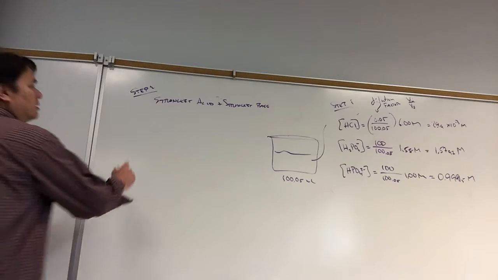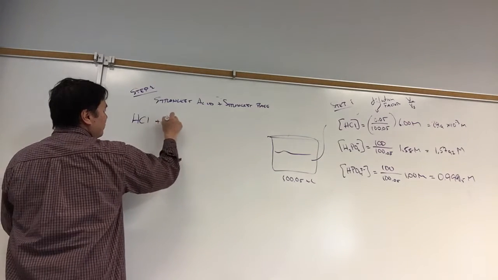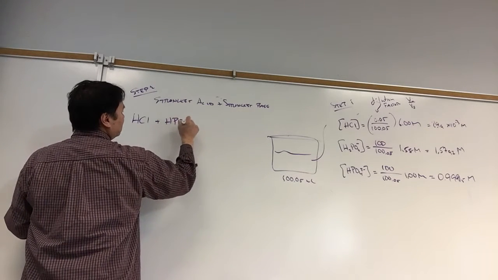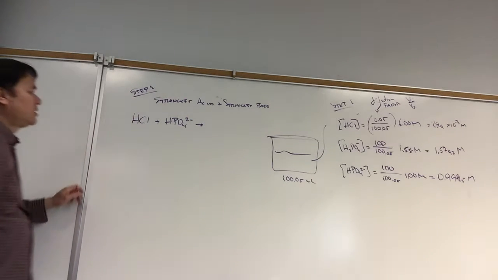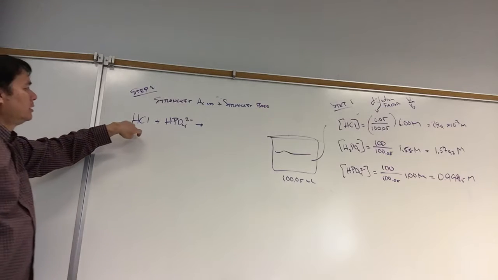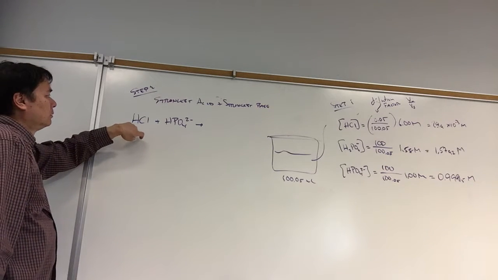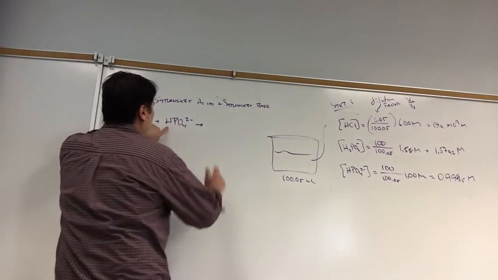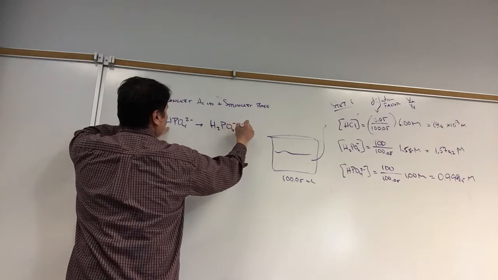HCl. And the strongest base? Monohydrogen phosphate. Okay, HCl plus monohydrogen phosphate is going to give us dihydrogen phosphate and Cl minus.